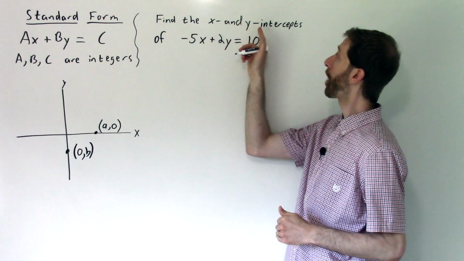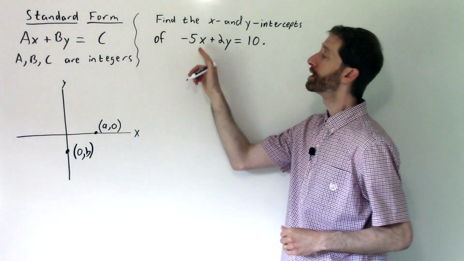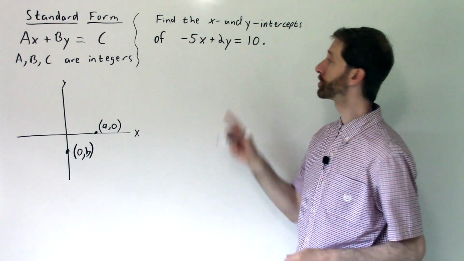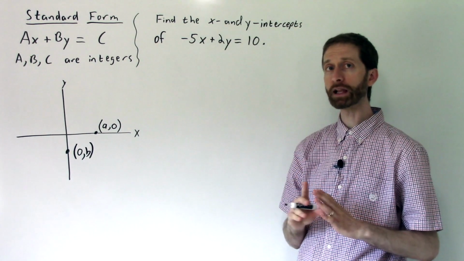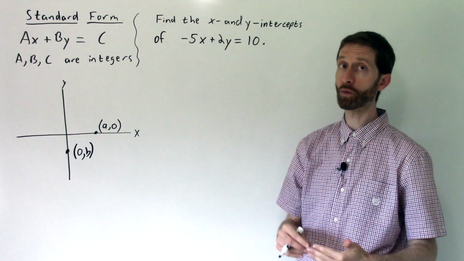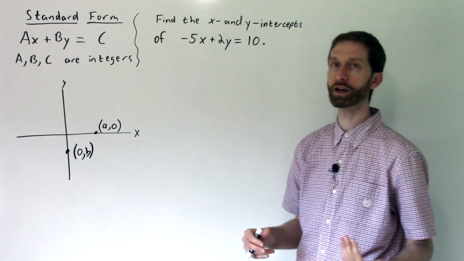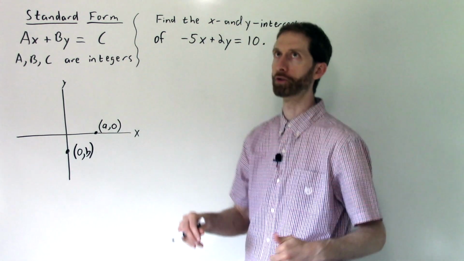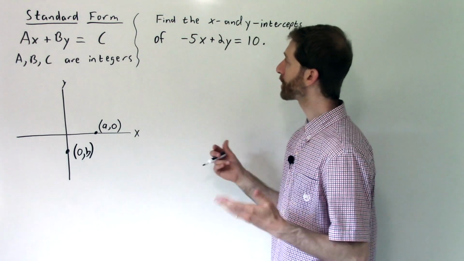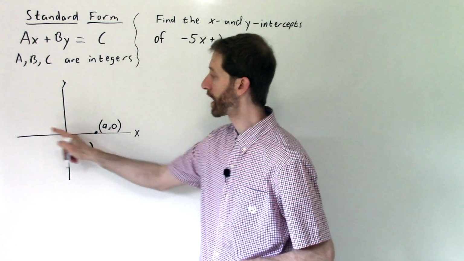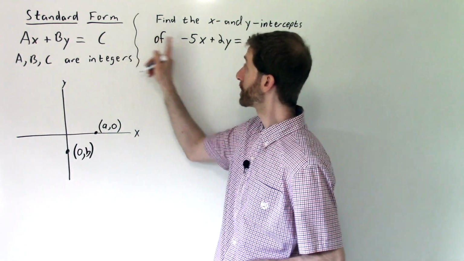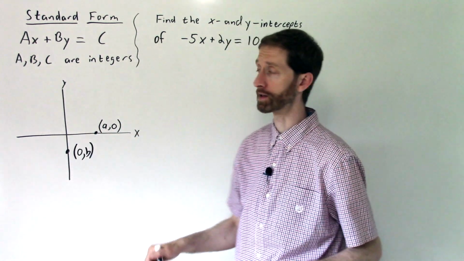Find the x and y intercepts of negative 5x plus 2y is equal to 10. Now, when we go through this, I like to go through it formally and understand what's going on, much like I do with all the problems that I show you. So let's find the x-intercept first. We're going to be finding the point on this line where it crosses the x-axis.